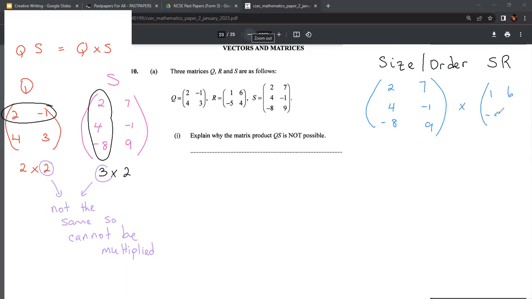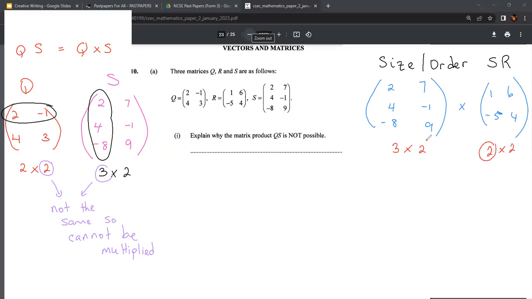Now I'm just going to show you why or how I got this answer. First things first, you check to make sure that it's compatible. So this here is three rows by 2 columns, and this one is a 2 by 2.